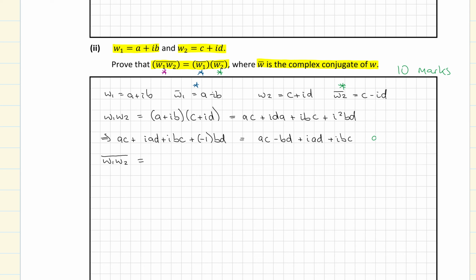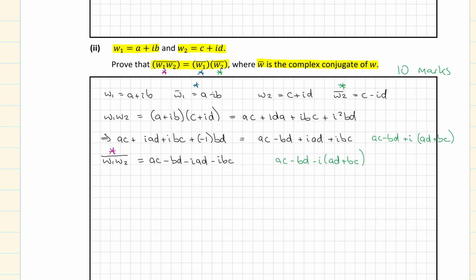You could write it as ac, that'll stay the same anyway, and then you can factorize out your i plus i times ad plus bc. So for us it'll be ac minus bd minus i times ad minus i times bc, or else if you'd factorized, it'd be minus i times ad plus bc, which when we go and multiply out anyway, we'll get the same answer. So we found the conjugate of W1 by W2 now.